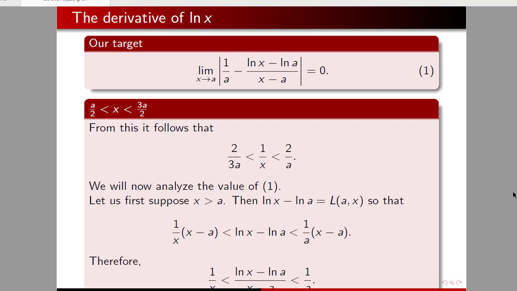By dividing all three pieces of this inequality by x minus a, which is positive because x is bigger than a, I get that the natural log of x minus natural log of a over x minus a is between 1 over x and 1 over a.